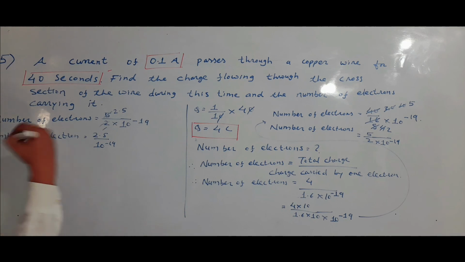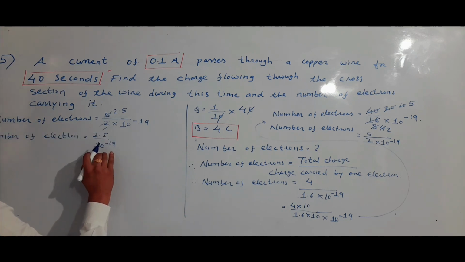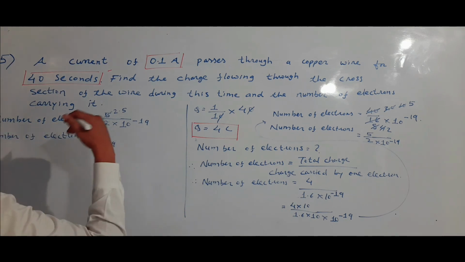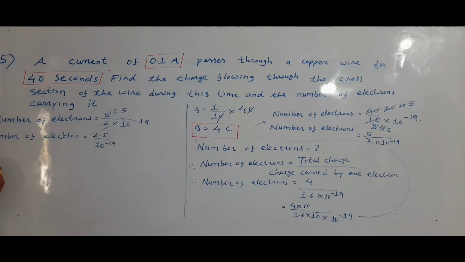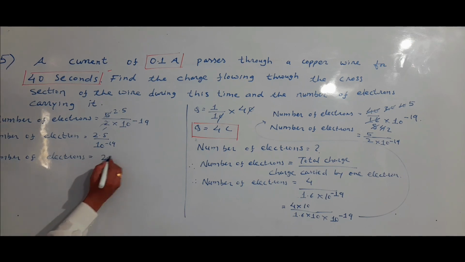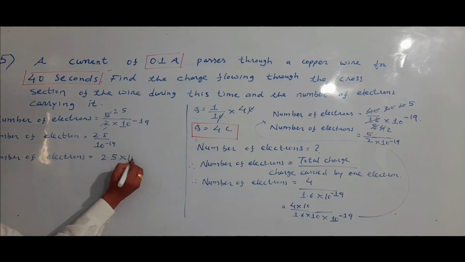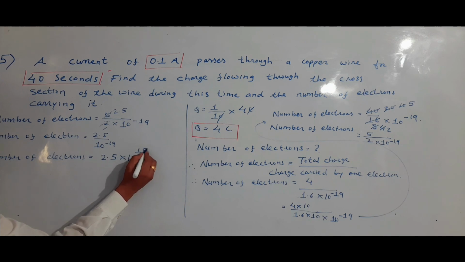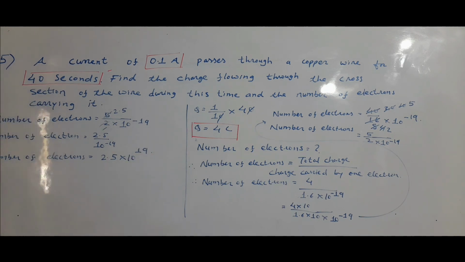Now, my dear student, this 10 to the power minus 19, we can take it up and the value will become number of electrons is equal to 2.5 into 10 to the power plus 19.